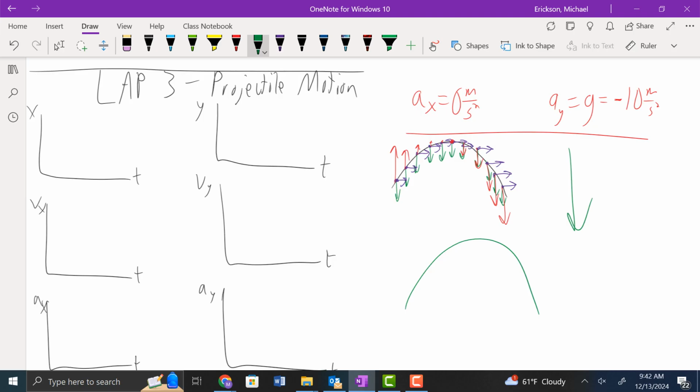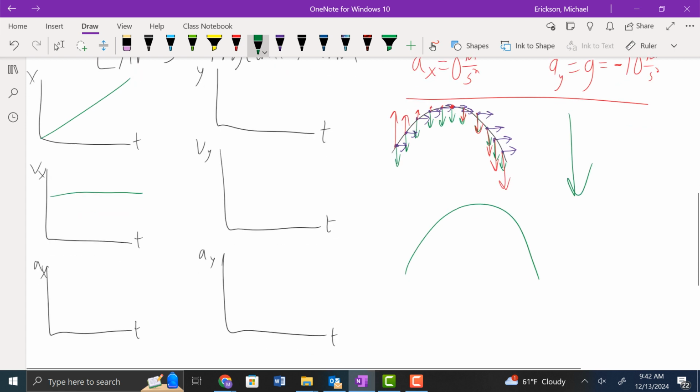All right, x versus t, or the x direction, is actually just a simple constant velocity scenario. So the x direction is very straightforward. The y direction is where it differs. Y versus t, if you imagine throwing an object, this is what the graph will look like. In this case, this is a perfect parabola.